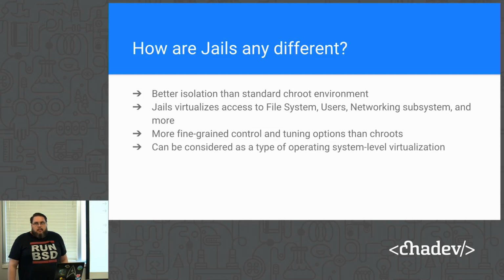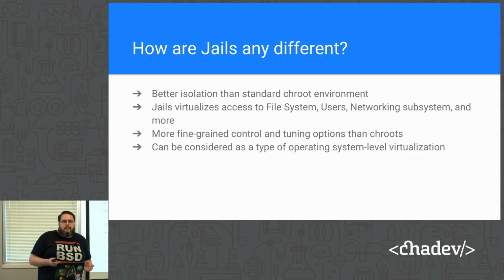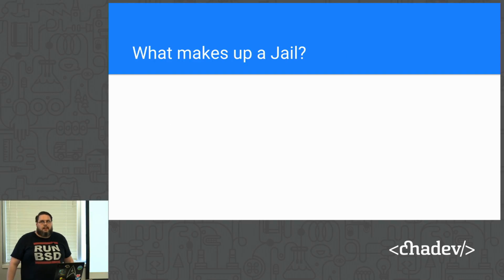And it's considered what's called an operating system level virtualization tool. So if you deal a lot with virtualizers, you know that there are multiple classifications of them. This one's OS level, and it's considered more lightweight than some of the other options out there.